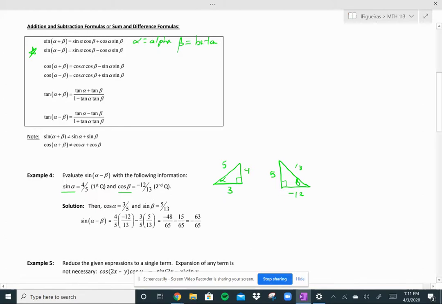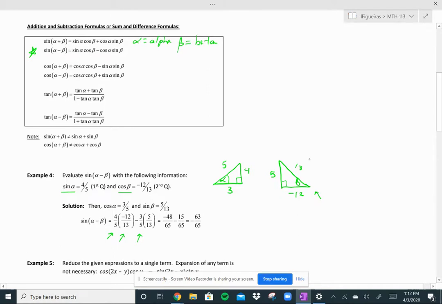So sine of alpha minus beta, you're simply plugging it into the formula that I put a star next to above. It's sine of alpha, which is 4/5, cosine of beta, which is -12/13. That's given. Then minus cosine of alpha. Well, remember, here's alpha. Cosine is adjacent over hypotenuse. So that is 3/5. And then sine of beta. So I'm here.